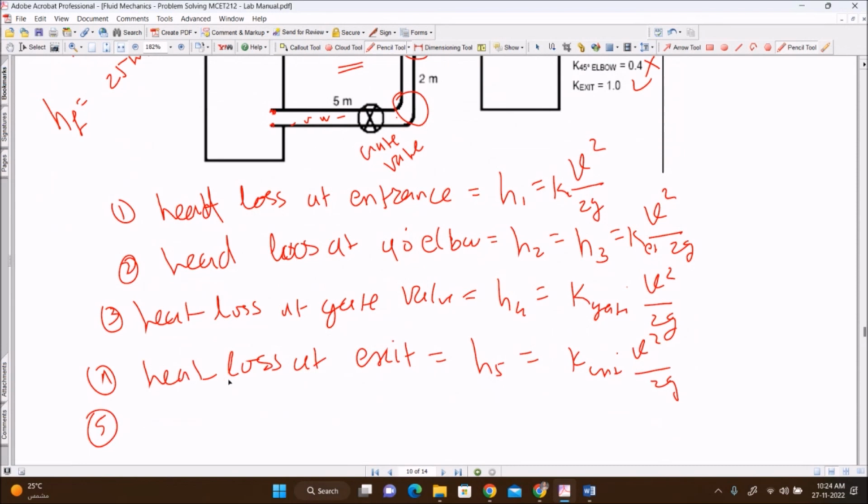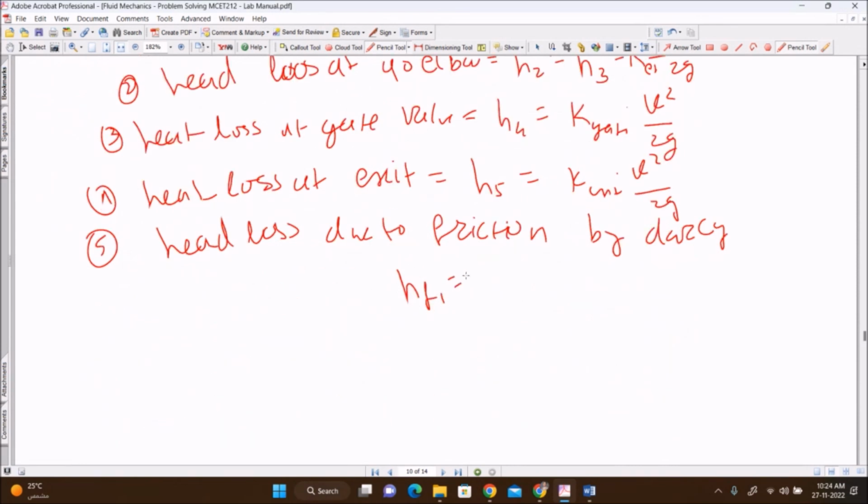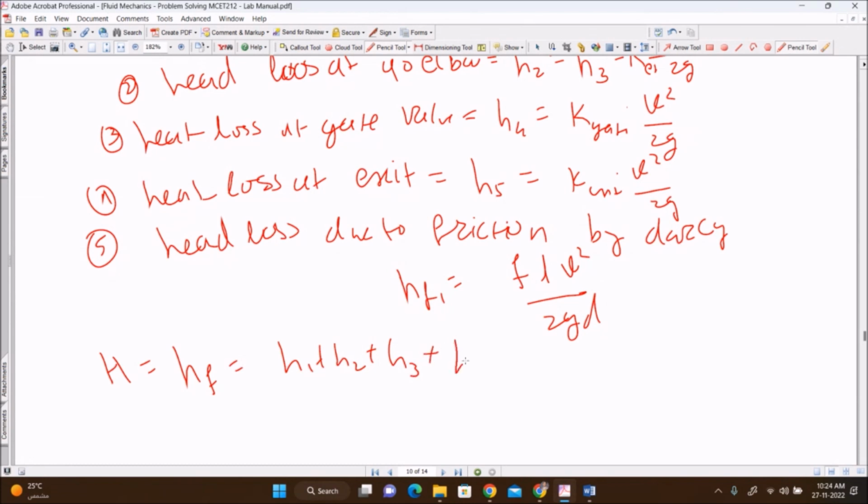Number 5, head loss due to friction by Darcy, HF1 is equal to FL V square by 2GD. So the total head loss H is equal to HF is equal to H1 plus H2 plus H3 plus H4 plus H5 plus HF1. So this is the total.